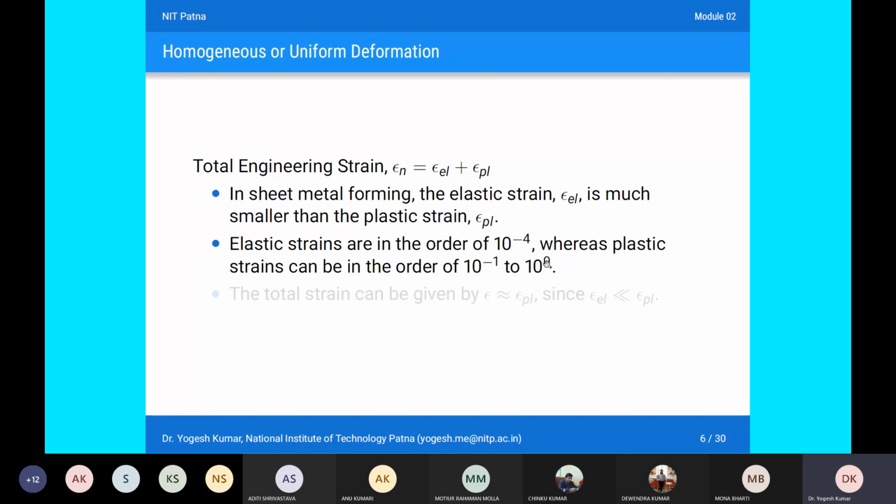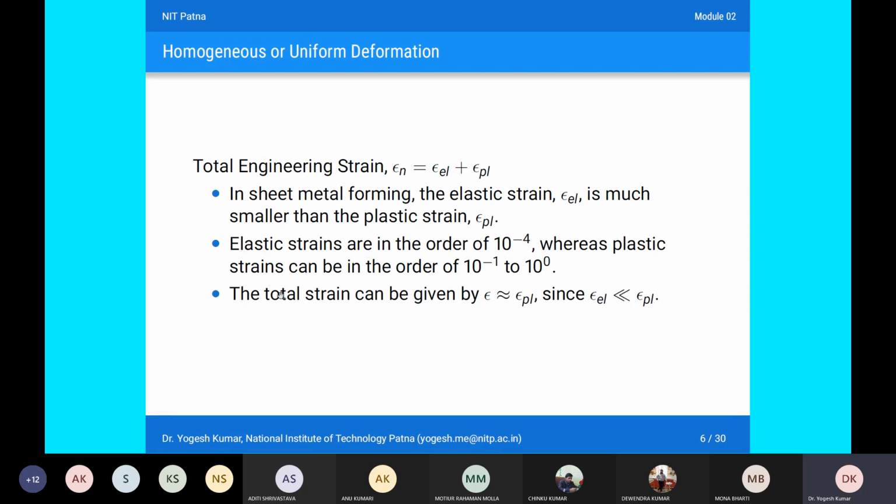The elastic strains are much lower, and normally they are not considered when we are considering the total strain in sheet metal forming processes.